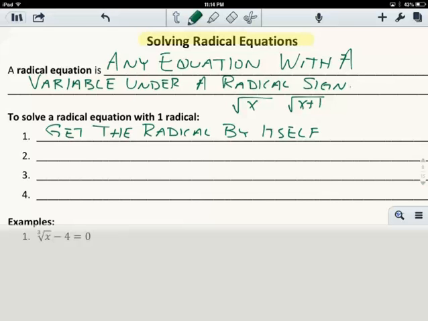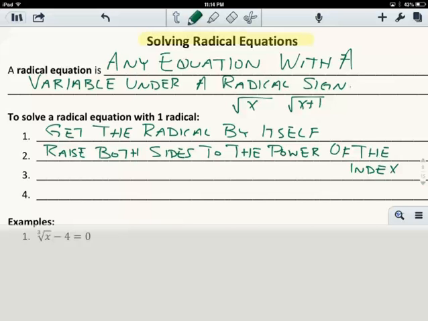After that, you want to raise both sides to the power of the index.